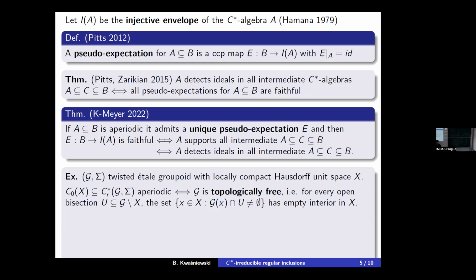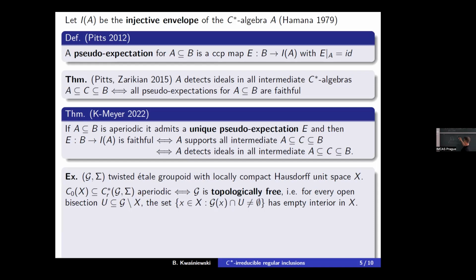Maybe I should draw a picture because I'm not sure how many people here remember the stuff about groupoids. So we have a unit space, this is X, and we have arrows here that are invertible, and these arrows form the groupoid.